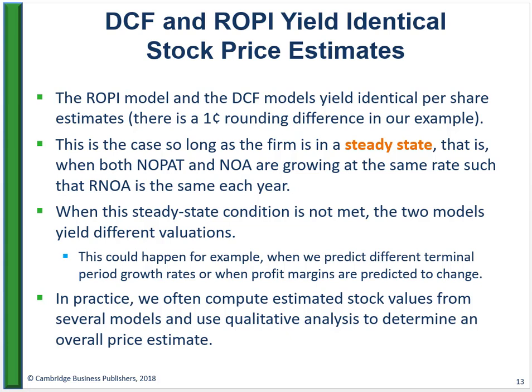Now, when that steady state condition is not met, the two models will yield different valuations, and we primarily meet that steady state expectation by having a sufficient forecast period or a sufficient time horizon. There's a theory that says that a company can only earn returns in excess of its cost of capital for short periods of time, because returns in excess of cost of capital will always attract competition.